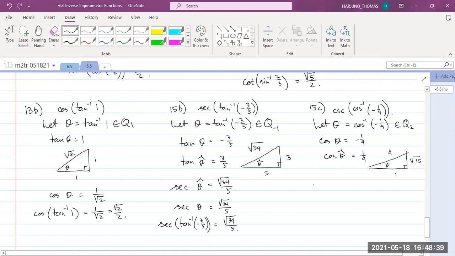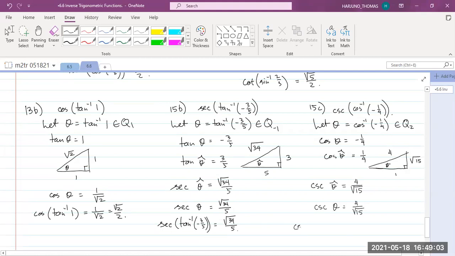Now then, cosecant of theta hat will be 4 over radical 15. But theta is in quadrant 2, where sine is positive, and therefore cosecant is also positive, 4 over square root of 15.